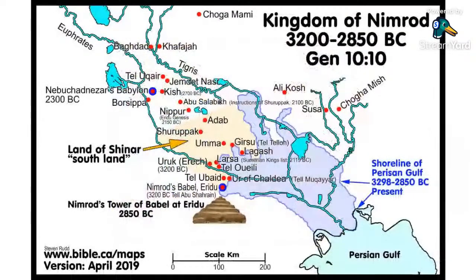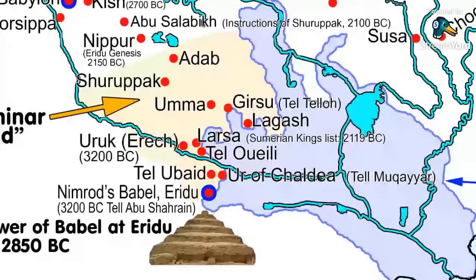Okay, this is interesting because it shows the Persian Gulf here only goes up this far, but the shoreline used to come up all the way up to Ur. Ur of the Chaldees, where Abraham resided or lived with his father. Ur of the Chaldees was on the shore at the time, and that's where Nimrod's Tower of Babel is.